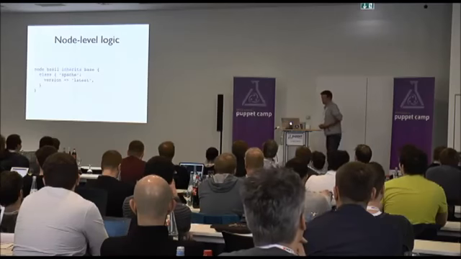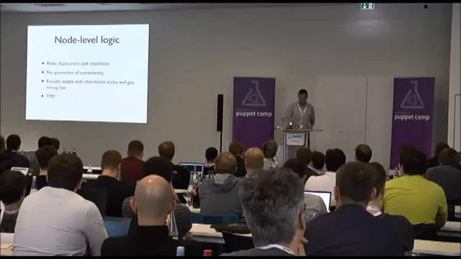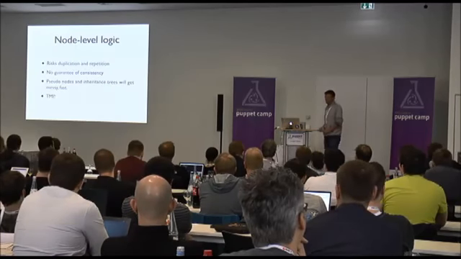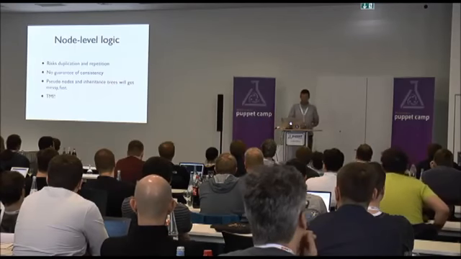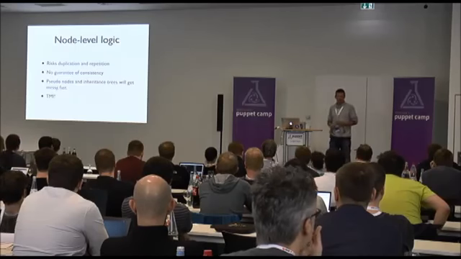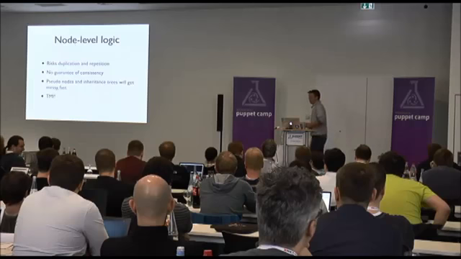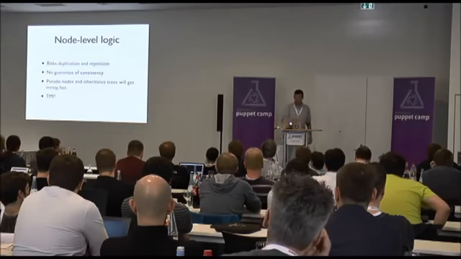And I don't think there's anybody alive who thinks that's a good idea. So you risk duplication and repetition. You don't have any guarantee of consistency because you're just chucking all this data at the node level. And if you are using these pseudo nodes and inheritance trees, it's going to get really messy really fast, and that's why everyone tells you don't ever do it. And so it's too much information at this node layer.